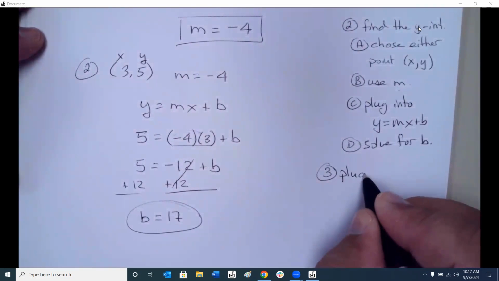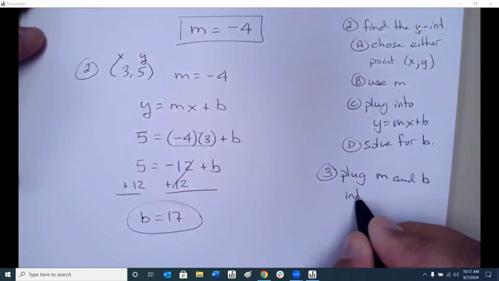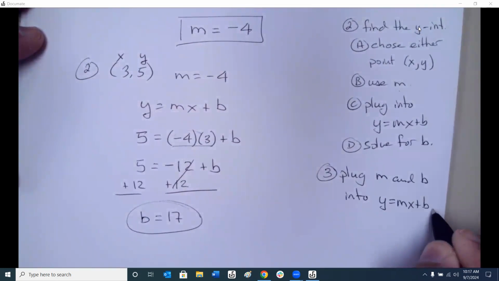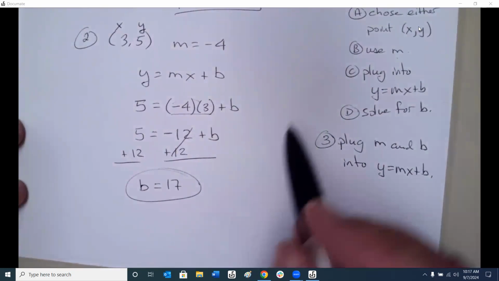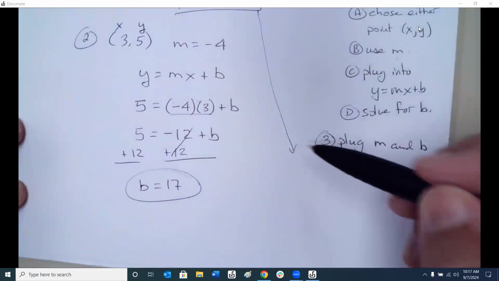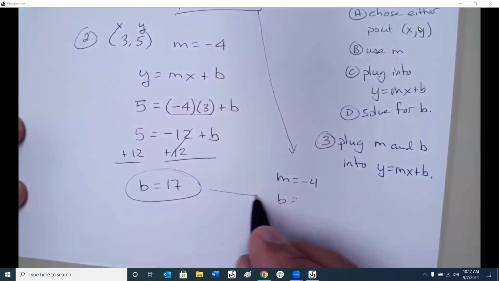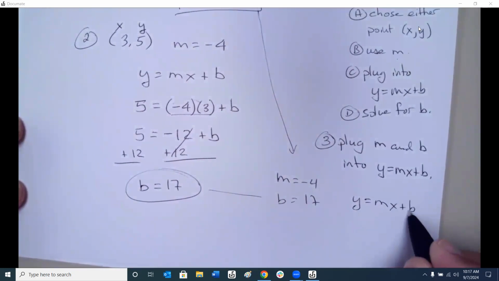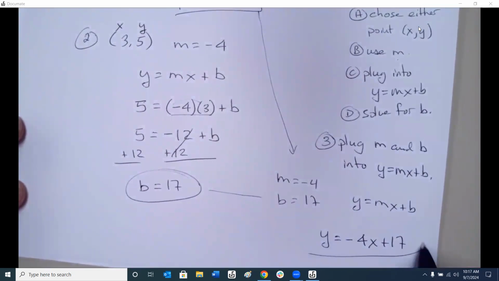Then plug m and b into your equation, y equals mx plus b. And you're done. M is -4, b is 17. So my equation is y equals -4x plus 17.